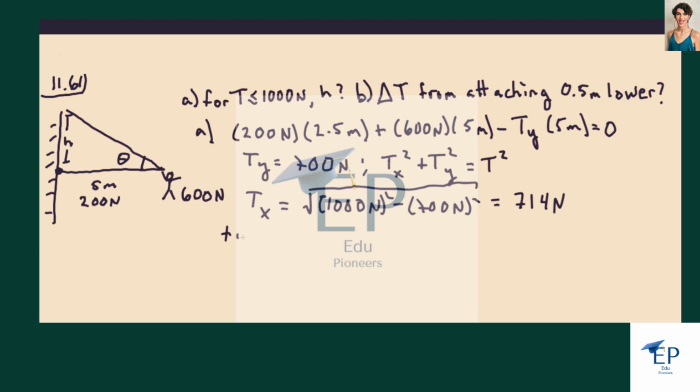So the tangent of that angle theta is equal to the height we're interested in divided by the 5 meters of the adjacent side, and also to the ratio of the y to the x components of the tension. So just multiply this ratio by 5 meters. And we find that the height is 4.9 meters.